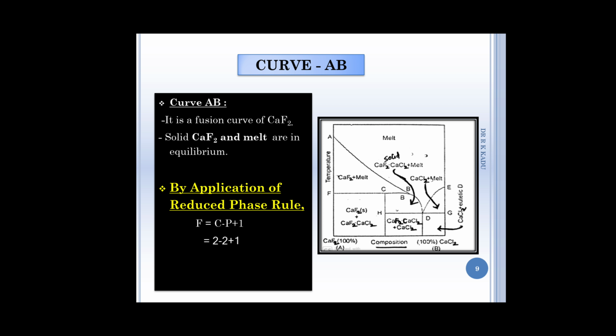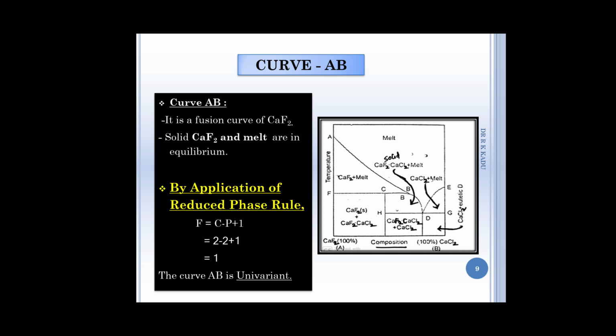If we put the values of C and P, that is the number of components and number of phases, in this formula, we get number of components is 2, number of phases is 2 and 1 is as it is, and it is equal to 1. Means the value of the degree of freedom is found to be 1. Hence, the system or the curve AB is univariant in nature.